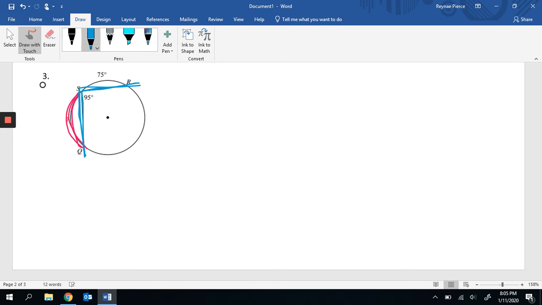To find the measure of the arc that it intercepts, we need to take the measure of the angle times 2. 95 times 2 is 190 degrees. So I'm going to put that out here.